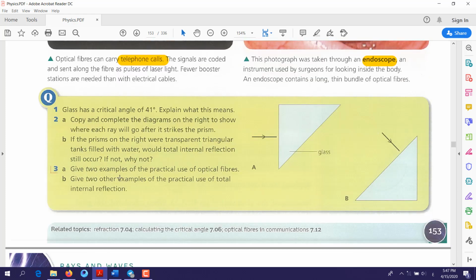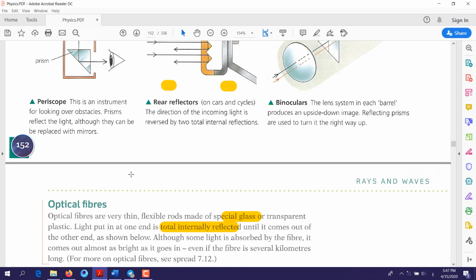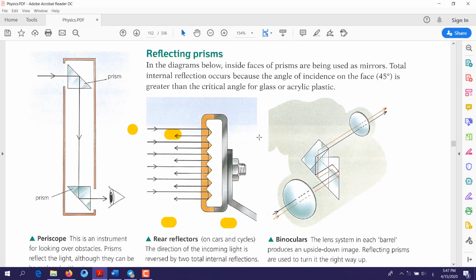Then B, give 2 other examples of practical use of total internal reflection. If you remember, these are examples of total internal reflection: in a periscope, and also in rear reflectors.